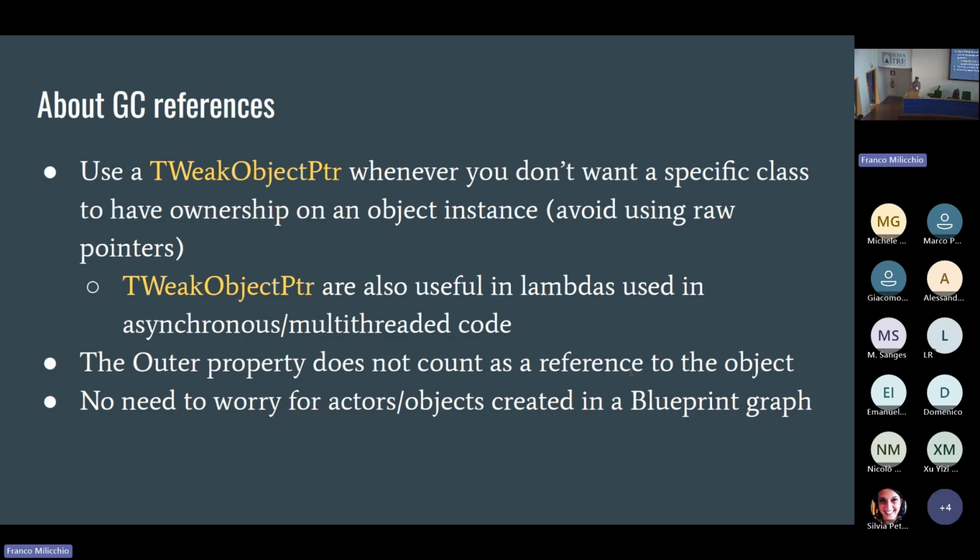So it's really important that you put it inside a variable that is flagged as UPROPERTY. And UPROPERTY is the method that I recommend to use like 90% of the time. And of course, there is no need to worry for actors or objects created in Blueprint Graph. So this is why this talk is mainly for programmers.